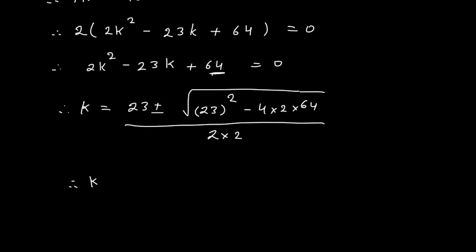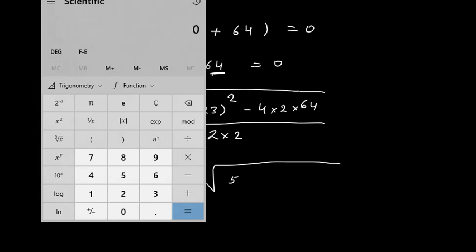So therefore k is equal to 23 plus or minus root of, now 23 square is 529, right, 529.